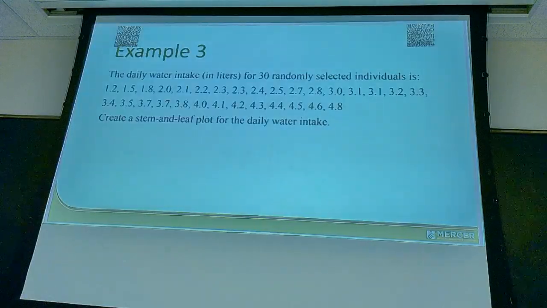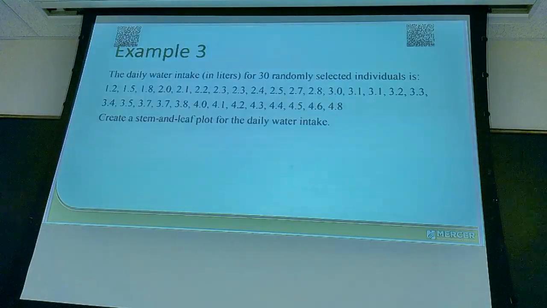What digit are we going to use for the leaves? The tenths digit, right? Yeah. Which means everything else will be the stem.